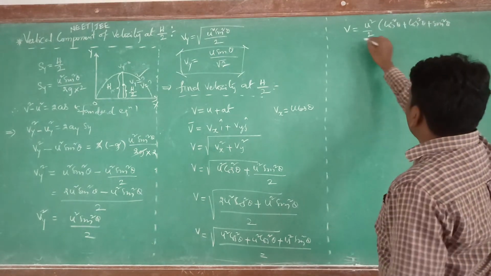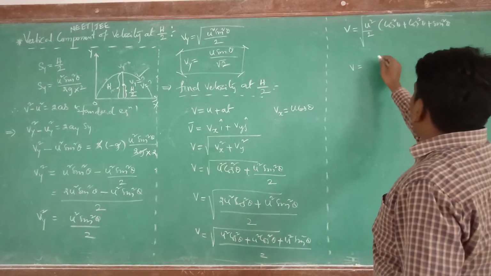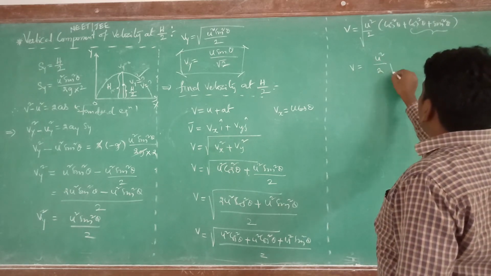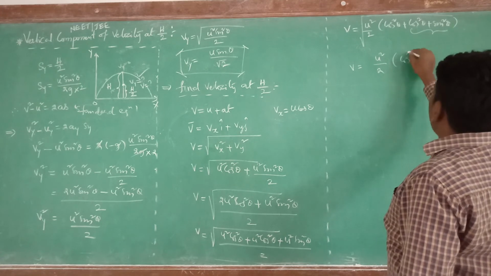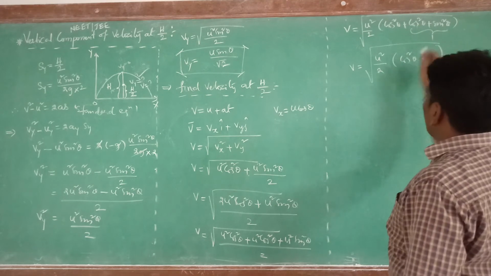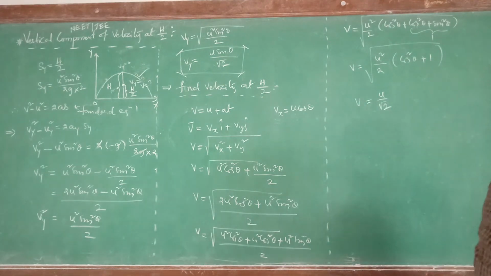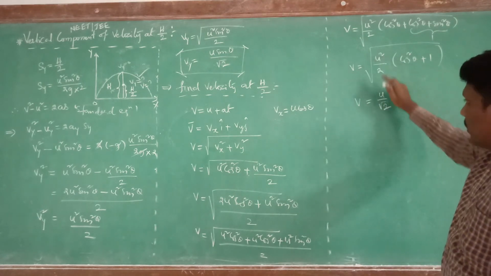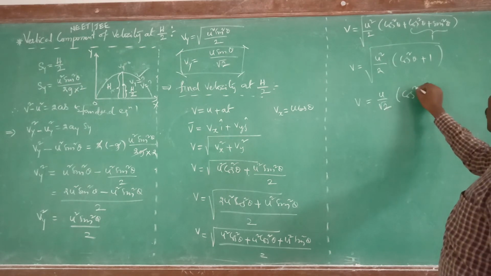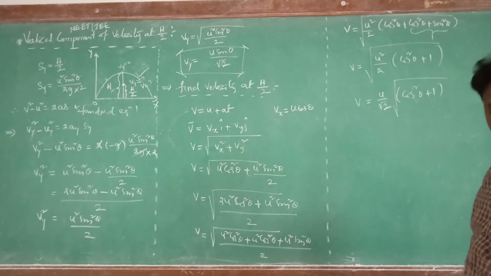Cos square theta plus sin square theta is equal to 1. So v is equal to u by root 2 under root cos square theta plus 1. When u square comes out of the root it becomes u, and the root 2 remains.